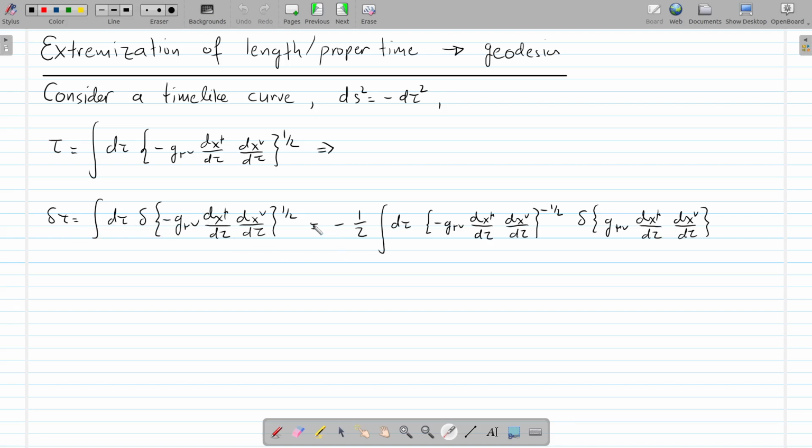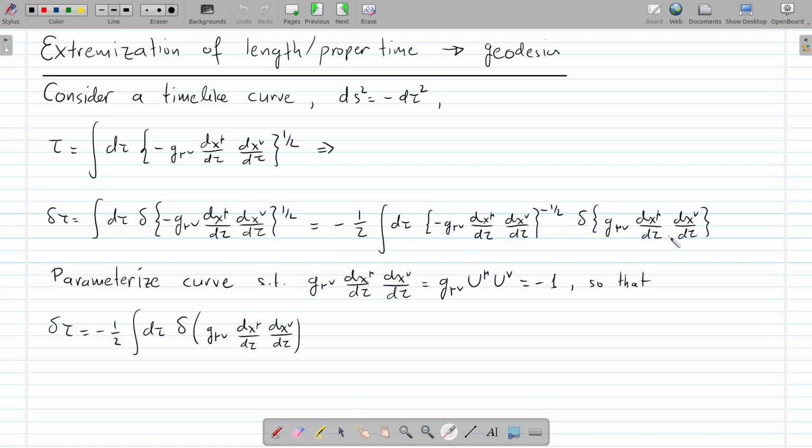Now, the variation of the square root is trivial, because the square root can be varied first and give us here 1 over the square root of this quantity times the variation of g mu nu dx mu dx nu. But we can always choose a parameter where, for all nearby curves, this quantity remains the same and equal to -1.